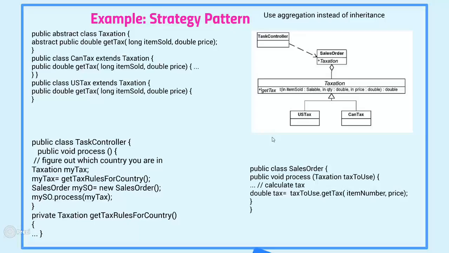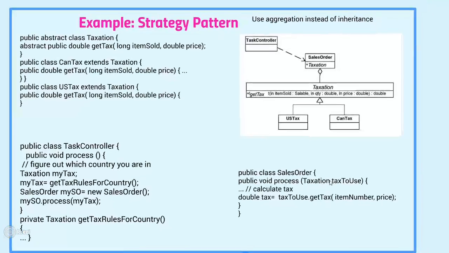So here we have the public class sales order, and we will create the object of taxation, and we also have the public class task controller.